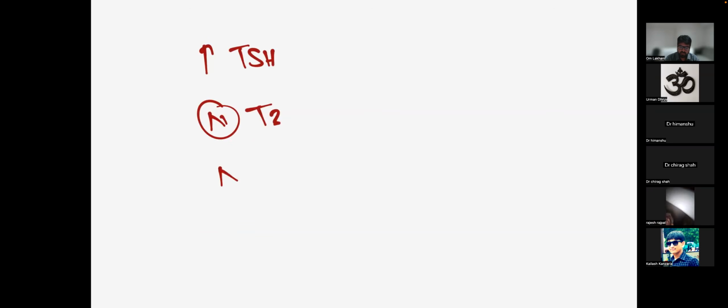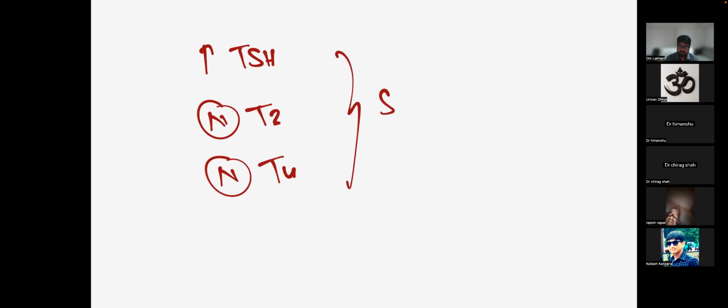Now coming to what is overt and what is subclinical. When you have increased TSH but with normal T3 and normal T4, this is known as subclinical hypothyroidism. This is the definition of subclinical hypothyroidism.